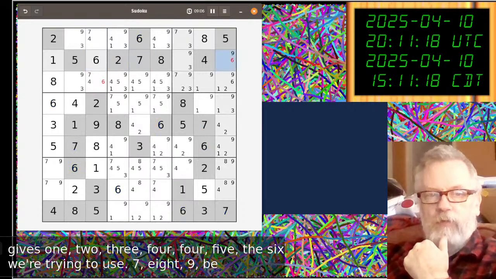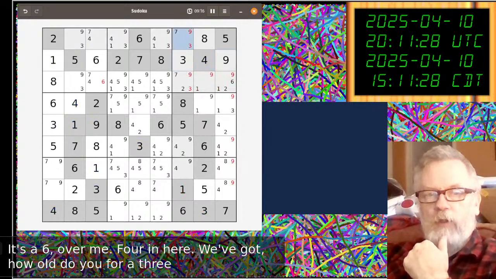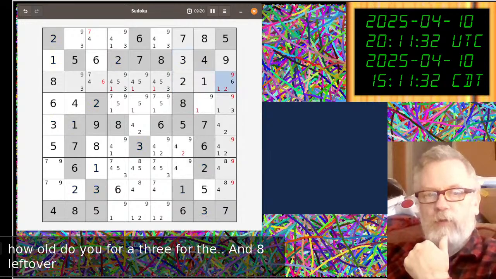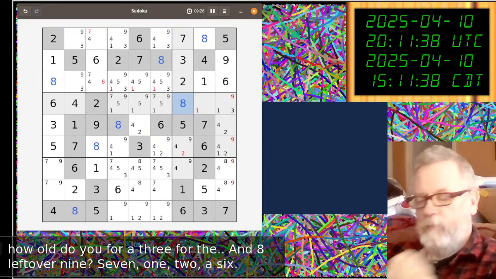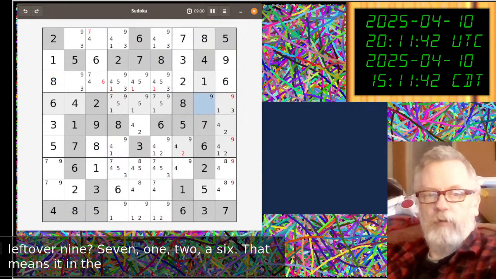Over in the far end here, we've got a possibility for a 3 for the row, and a leftover 9, a 7, 1, 2, and 6. That means I was wrong, I unearmarked a 9 when I should have unearmarked a 1.